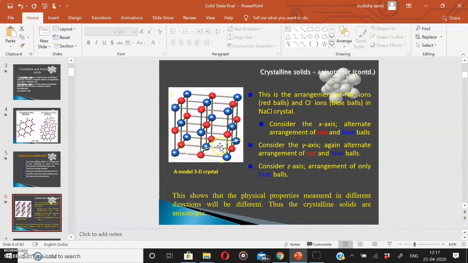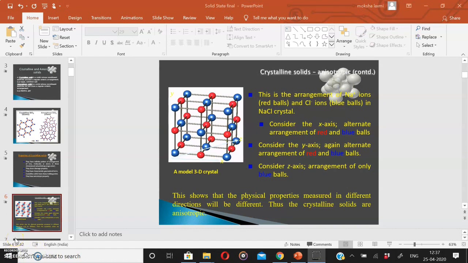Whereas on the z-axis, with the white arrow, you can see the arrangement of particles or ions is different from the x and y axes. You can find only chloride ions, that is, only blue balls.